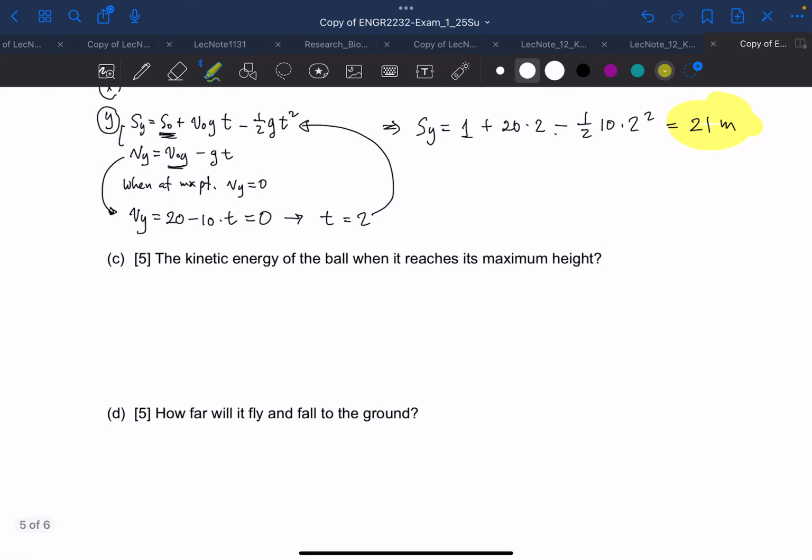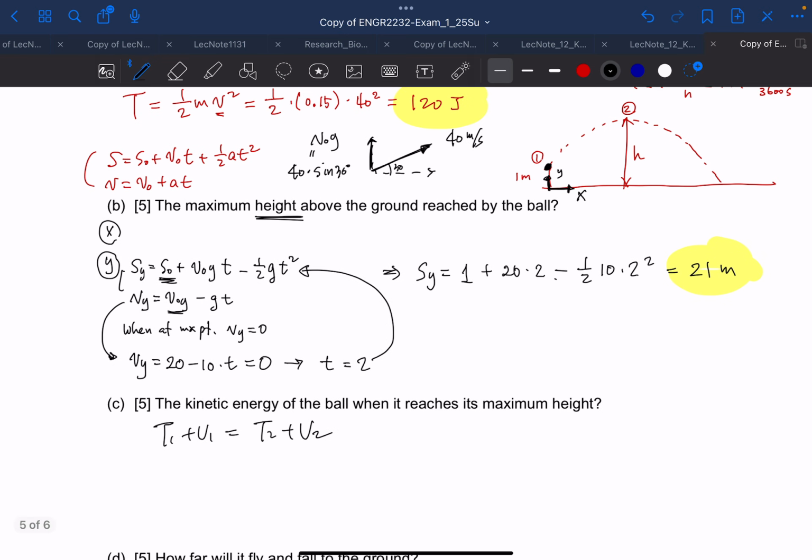And the kinetic energy, excuse me, when the ball reaches its max height, it's T1 plus V1 is T2 plus V2, right? And T1 is going to be 120 joule, just like we obtained.